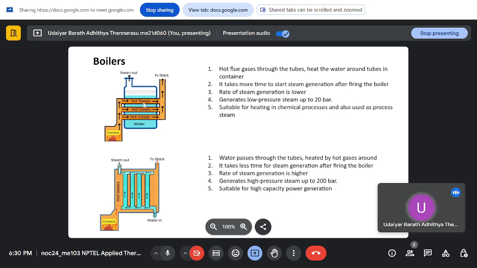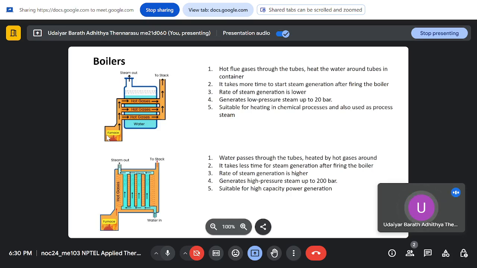So the first one is a fire tube boiler. What happens is, you have a tube in a shell and tube heat exchanger arrangement. The shell part will have water, and you have multiple tubes passing inside the shell, and that carries the hot flue gases from the furnace.